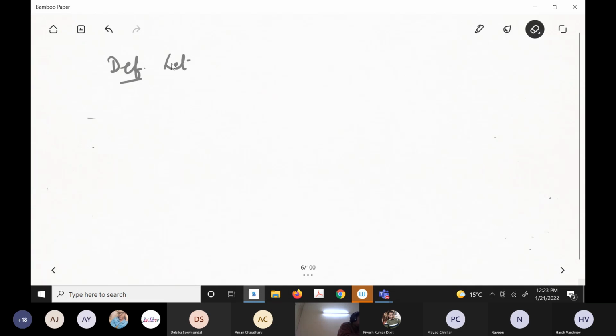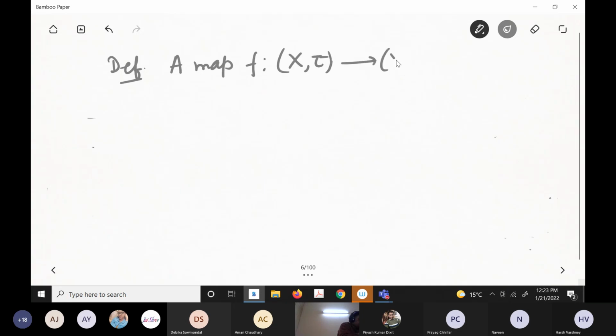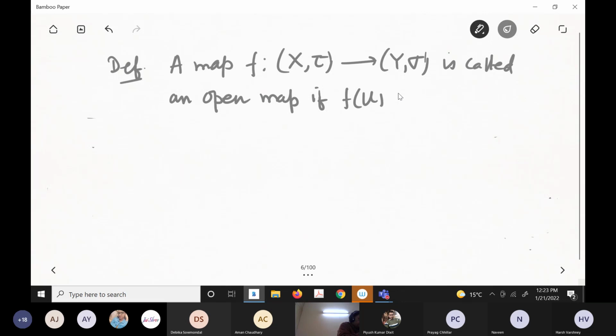Okay, I think I can try this. A map F from (X, tau) to (Y, sigma) is called an open map if F(U) belongs to sigma for all U belonging to tau.